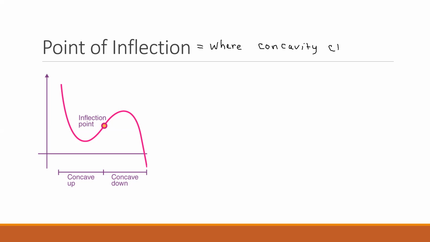Our next term will describe where the direction changes. This one is not dealing with the direction of the graph. So you can see where the point of inflection is, the graph is increasing both before and after the point of inflection. But the concavity switches there. So you can see denoted on the x-axis, it is concave up for the first half of the graph. We have a point of inflection, and then the graph switches to concave down.